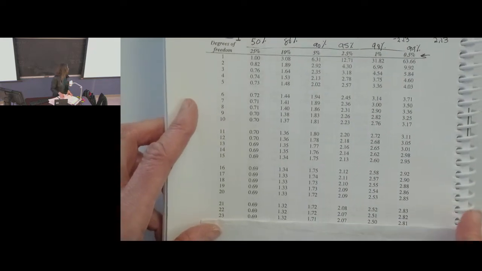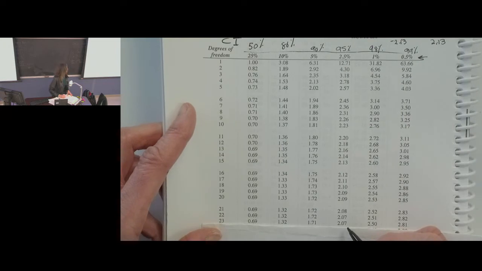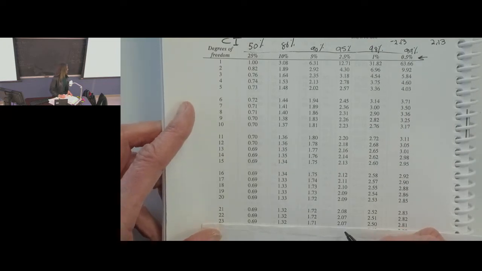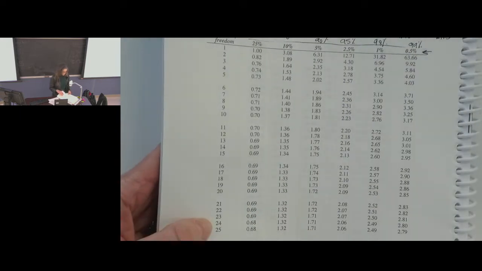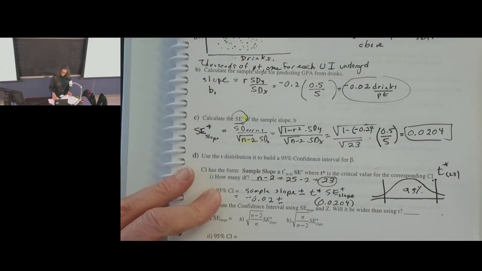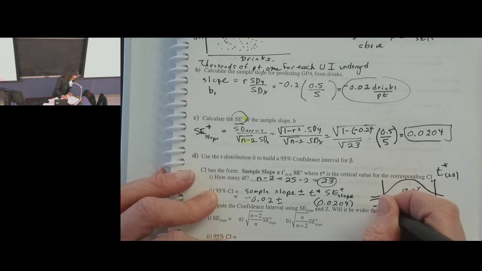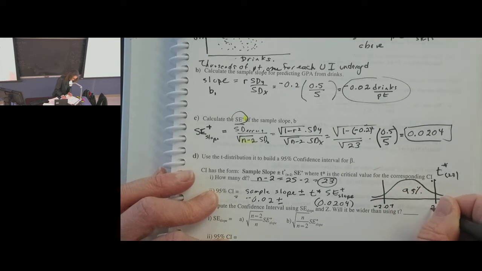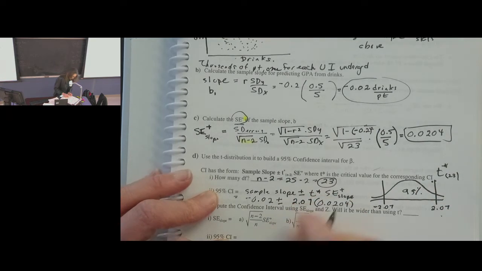And for 95%, we get 2.07. Remember, you expected something bigger than for the z. It is 2.07, but we have a lot of degrees of freedom here relatively, so it's getting close to the normal. All right, so that's our answer.